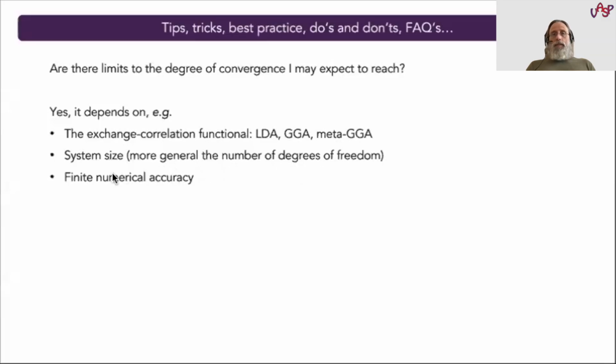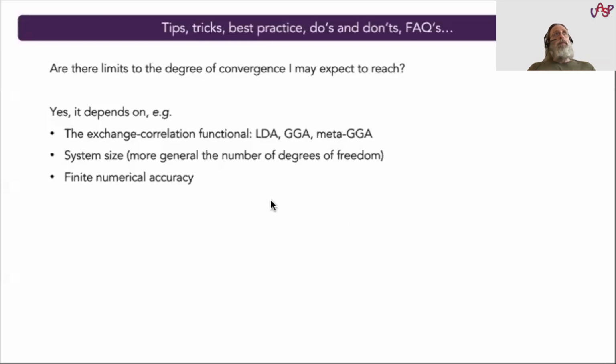And the same thing we already addressed, the finite numerical accuracy. At some point the errors that we make in certain operations will kick in, and, for instance in a direct optimizer, we will no longer have an accurate enough gradient to follow. So yes, there are limits to the degree of convergence you may expect to reach.